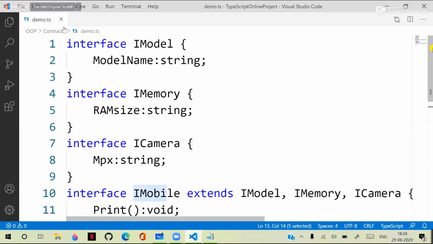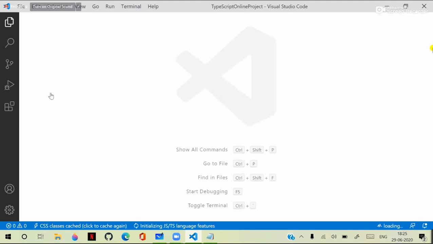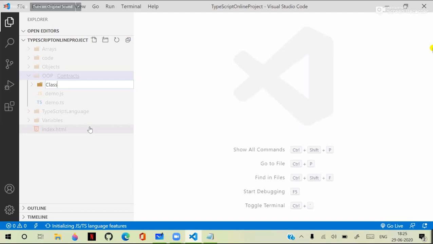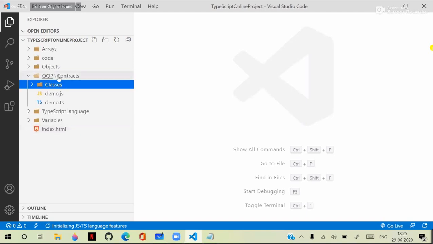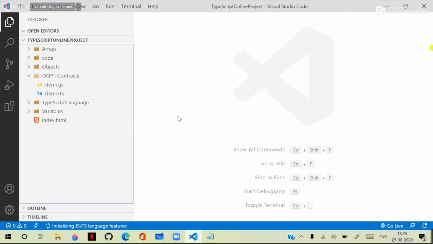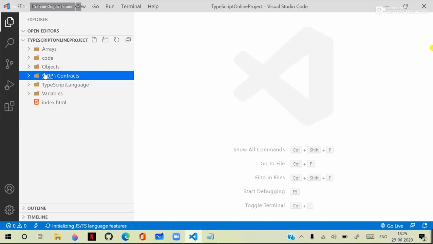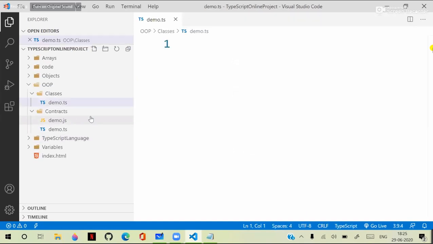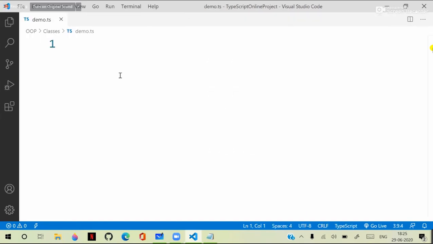Okay, let's create a new folder here, classes, inside the OOP folder. So I'm adding a folder here, classes. Fine. I'm adding a new file, demo.ts.